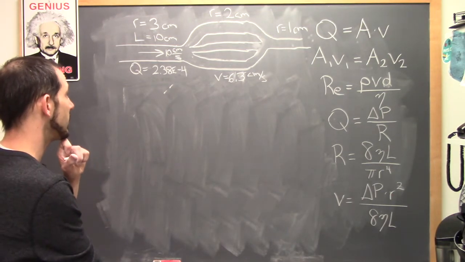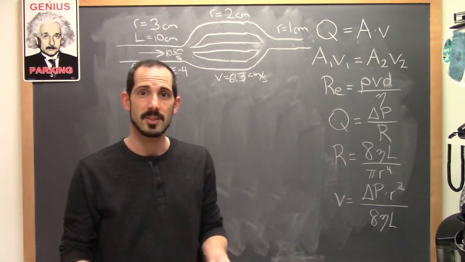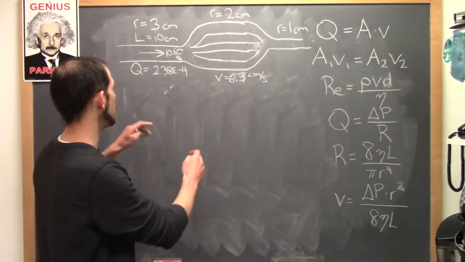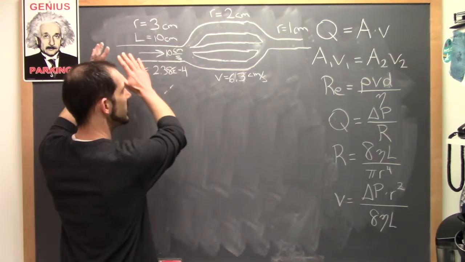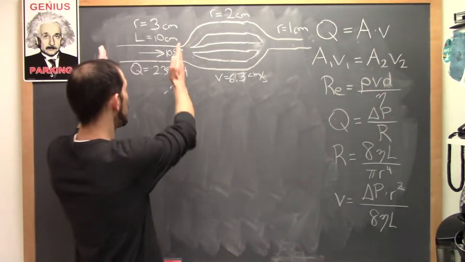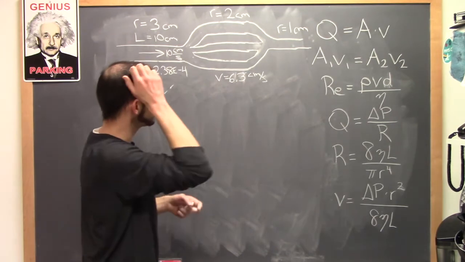Now what else can I calculate? So another calculation I can do here is, as I did in the previous type of question, look at how much pressure it takes to move fluid through this whole system. I can think about the pressure for each one of these individual sections.